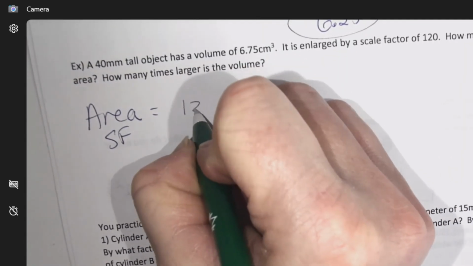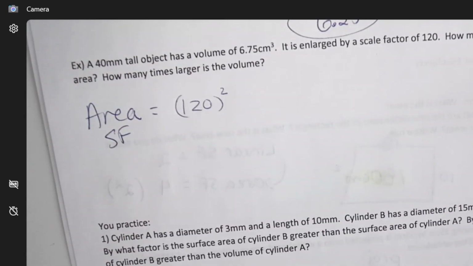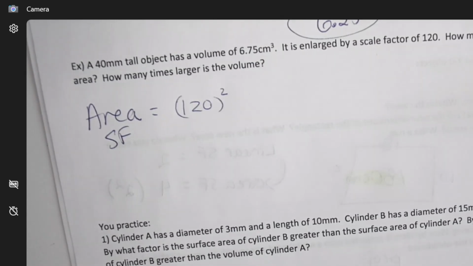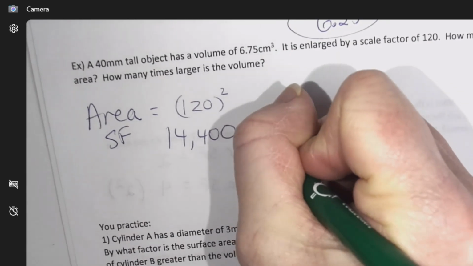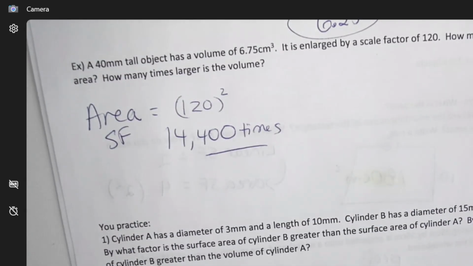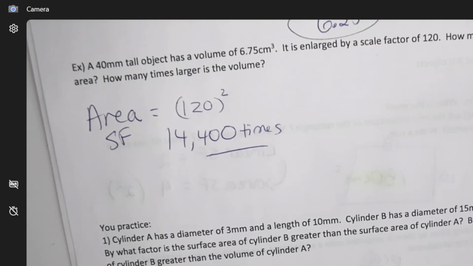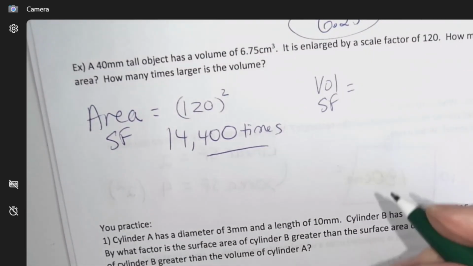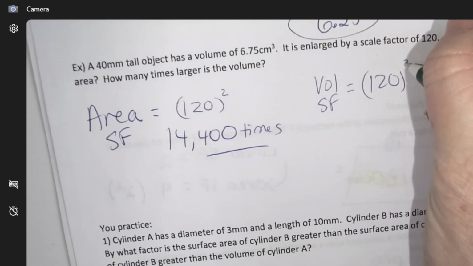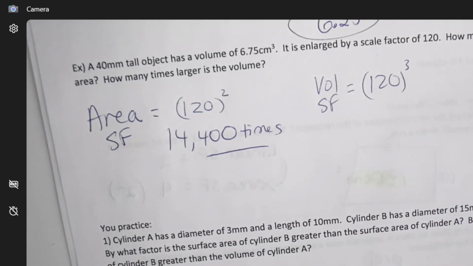If we enlarge by 120, our area will enlarge by 120 squared. It'll be that much times bigger. And the volume scale factor would be 120 cubed.